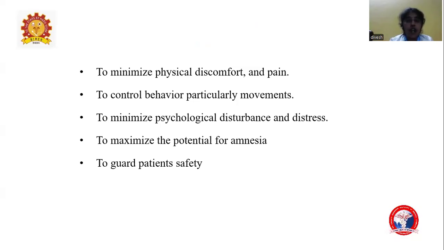It also controls the behavior, particularly movements of the patient, and it minimizes the psychological disturbances and distress to the patient, and it also maximizes the potential for amnesia, and it guards patient safety.